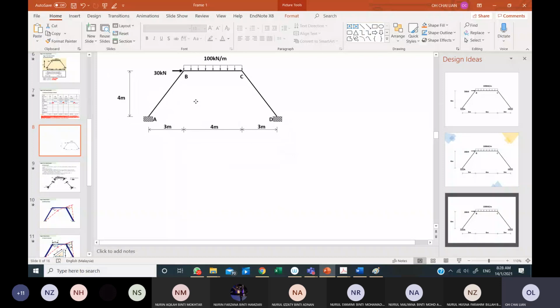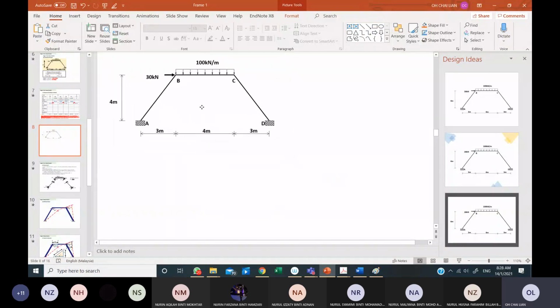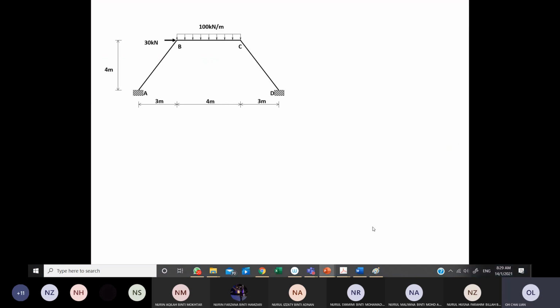Okay, so in your exercise book, try to draw a free body diagram for all the members. Of course, I'm going to do this here as well. If you do not know how to start, you can have a look here.